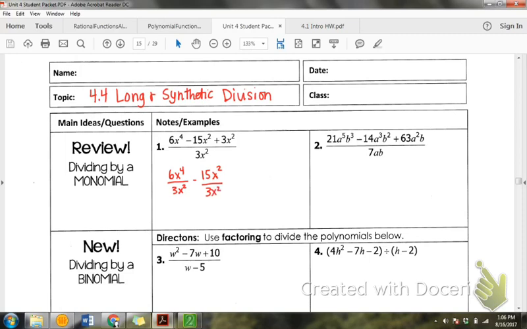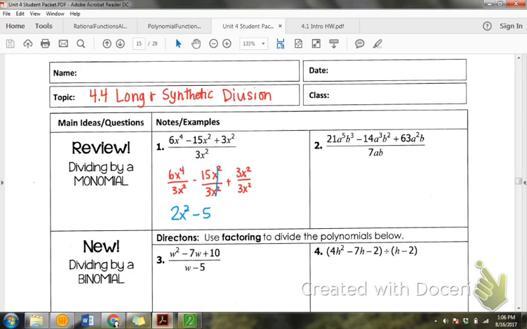For me, that helps to visualize it instead of just dividing it all within the problem. So 6x to the 4th divided by 3x squared. 6 divided by 3 is 2, and I have how many variables left? X squared. 15 divided by 3 is 5. My x squareds cancel, right?